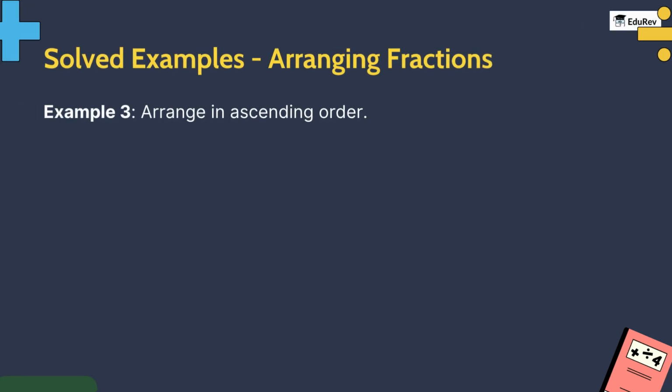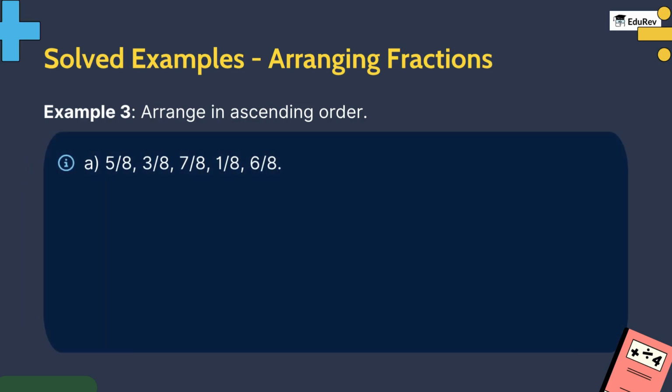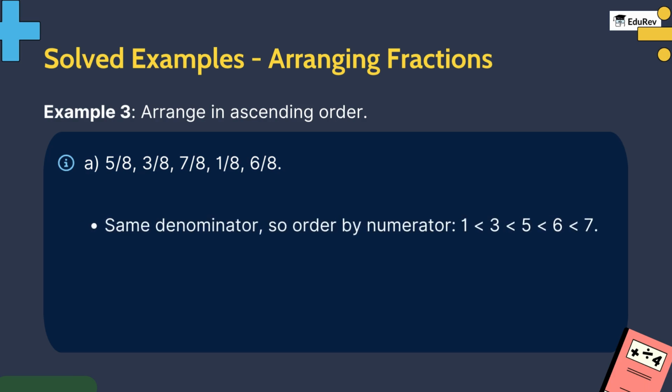Finally, let's arrange fractions in ascending order. For example, if we have A, 5 eighths, 3 eighths, 7 eighths, 1 eighth, and 6 eighths, they all have the same denominator. So, we order them by the numerators, 1 is less than 3, which is less than 5, and so on. The answer is 1 eighth, 3 eighths, 5 eighths, 6 eighths, and 7 eighths.